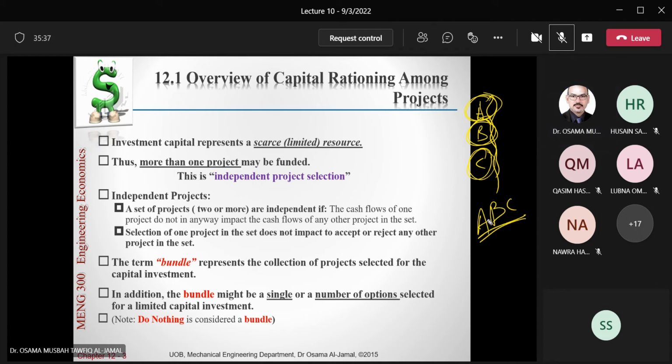What we call them is a bundle. The term bundle represents the collection of projects selected for a capital investment. What is that capital investment, which we mentioned at the beginning? The money or the budget, which is the scarce resource, a limited resource that is going to be identified to you, and from the beginning, you cannot exceed that money.